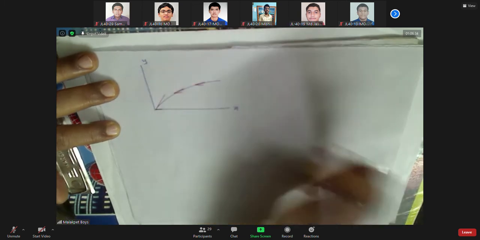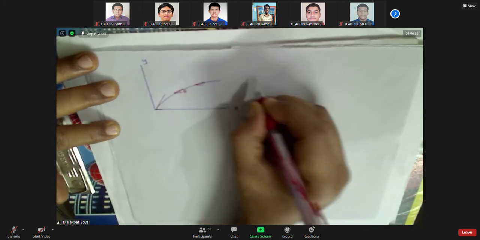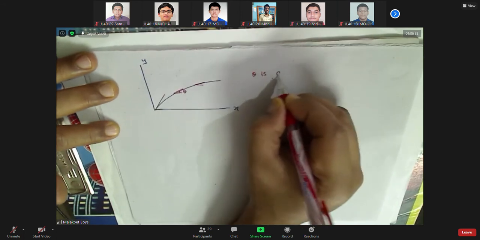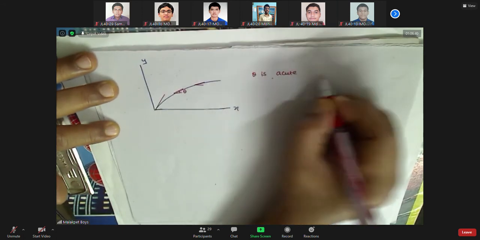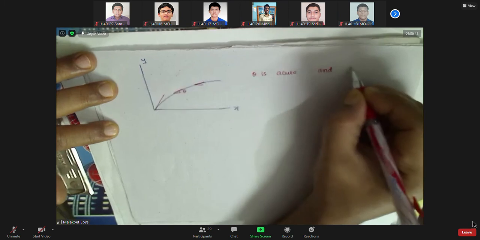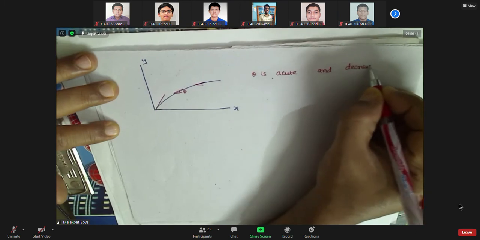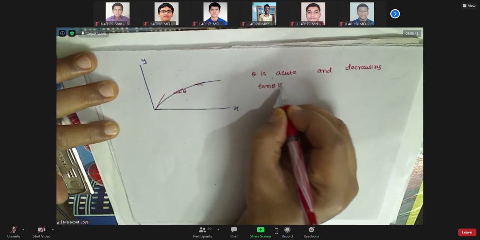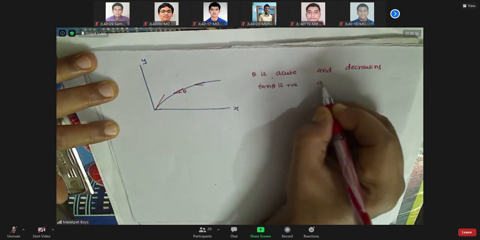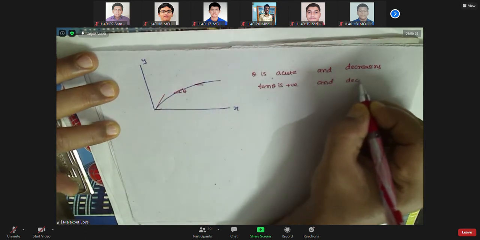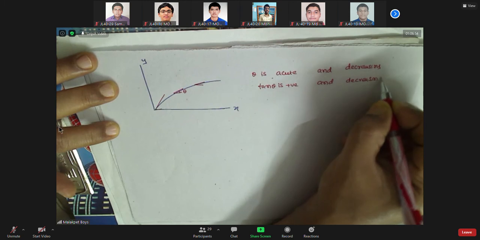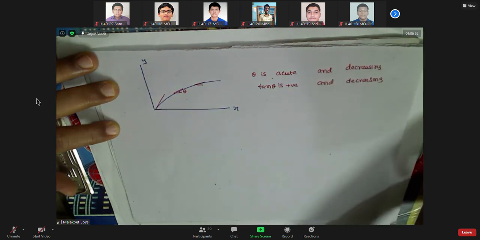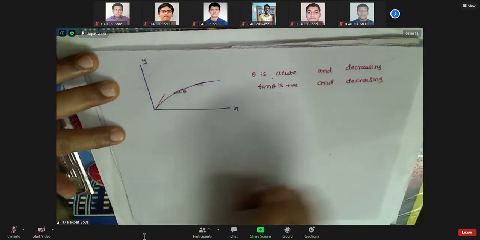So you can see theta is acute and decreasing. That means tan theta is positive and decreasing.